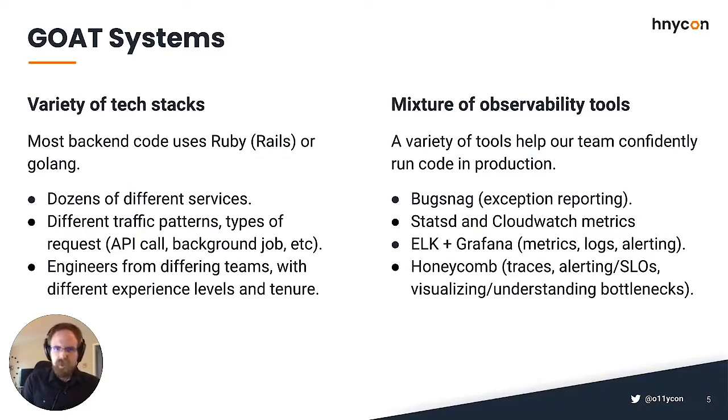And we have a variety of tools to help us do that. We use Bugsnag, which is an exception reporting and grouping tool. If you've never used it, it embeds in your application, groups unhandled errors, and sends notifications about those errors to PagerDuty, or to whatever other tooling you have.